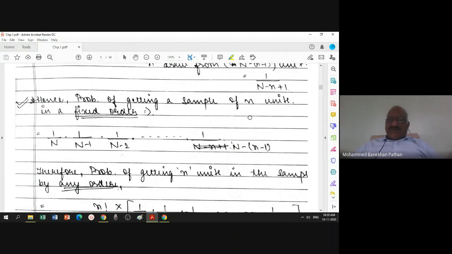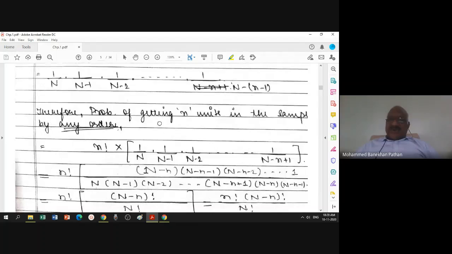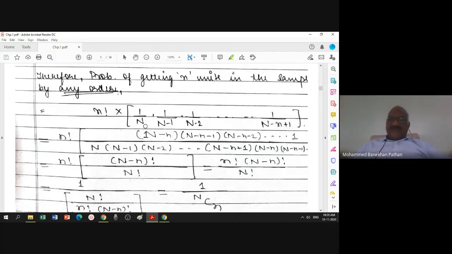So this is the probability for one of the sequences. Hence, the probability of getting n units in the sample in any order, in any sequence, is n factorial multiplied by this probability. So if you try to simplify this now, n factorial is a product term.